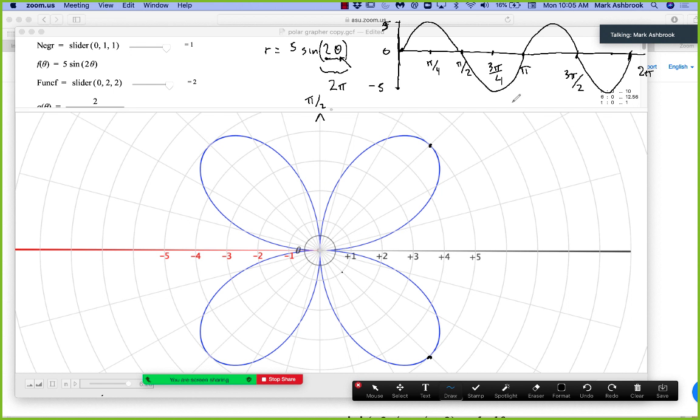So here the period is 2 pi, whereas the period for this is 2 pi. We have to do 2 cycles of our Cartesian graph to get the full period of the polar graph. Okay, questions?